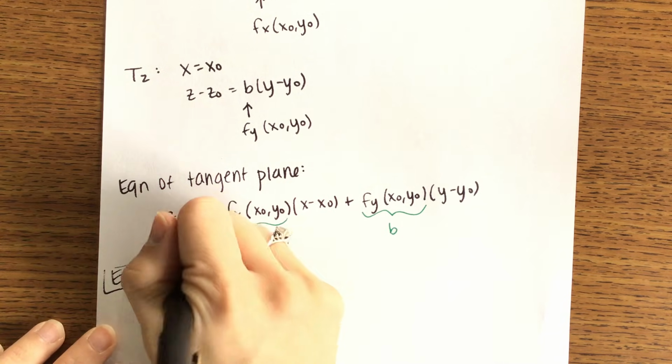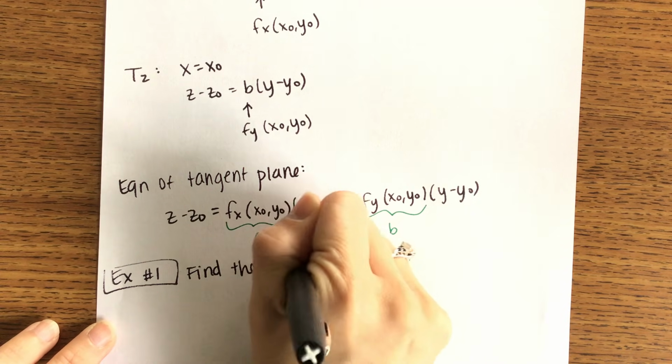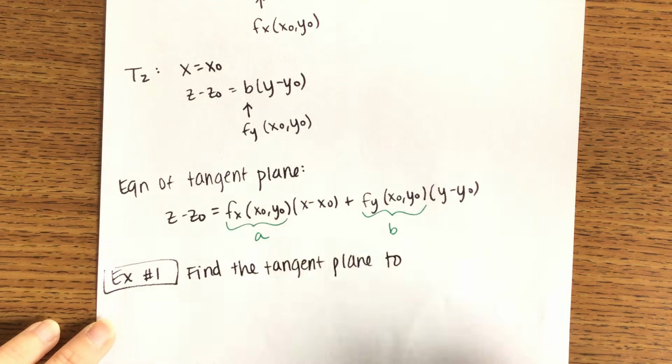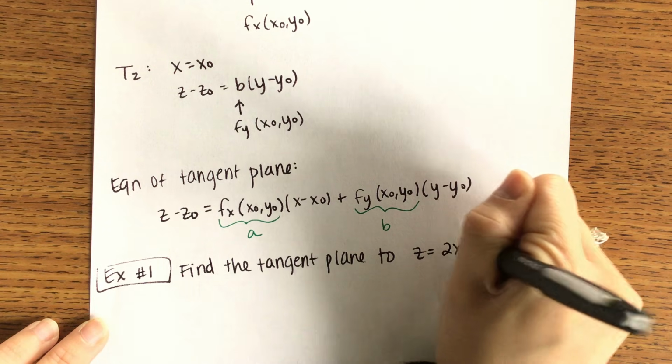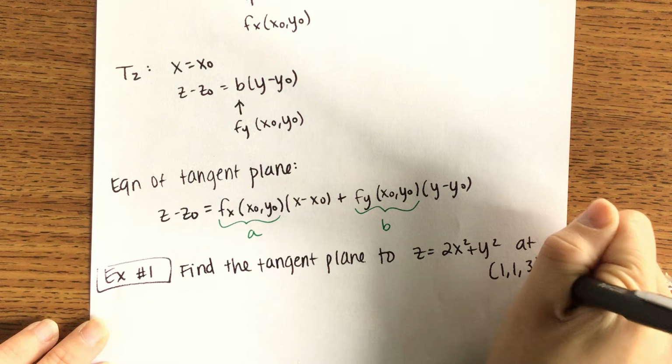Okay, so we are going to find the tangent plane to the surface with the equation z equals 2x squared plus y squared at the point 1, 1, 3.